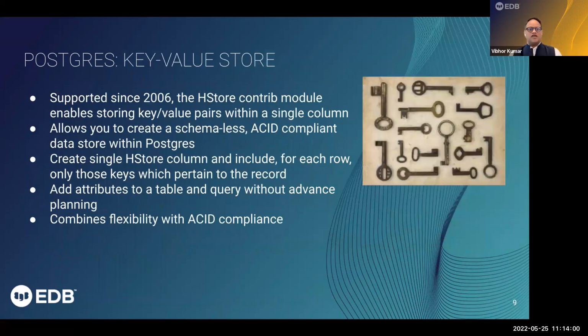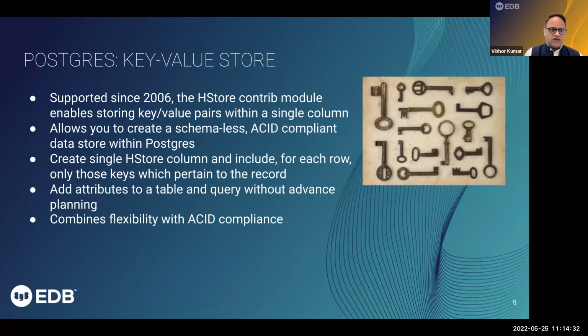Now, when we talk about the key value store, Hstore was the first solution introduced in Postgres, right? It was introduced in 2006. It is a contrib module in Postgres. It allows you to store data in a key value format in a single column, right? It's a schema-like structure which you can find with Hstore. It is fully ACID compliant, and you can store multiple values, but in a simple, straight structure format.